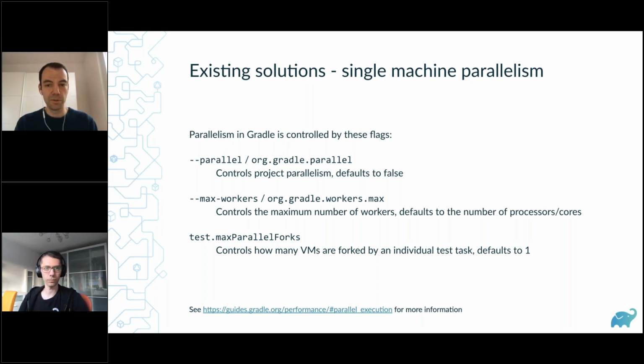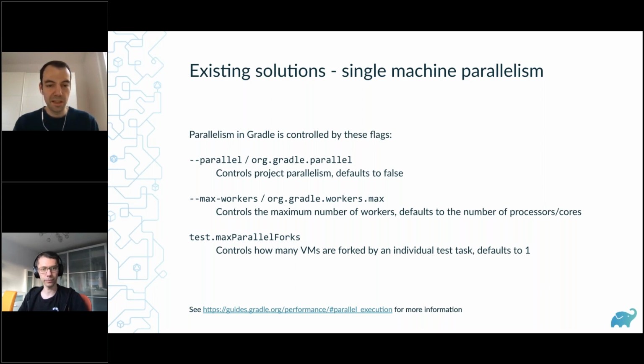It's usually good and can significantly speed up your build, not just your tests. Another flag is max workers. In addition to parallel, it controls the maximum amount of parallelism that you can achieve on a machine, and it defaults to the number of processors or cores on your machine. So say you have an 8-core machine and you enable --parallel, then up to 8 tasks can run in parallel.